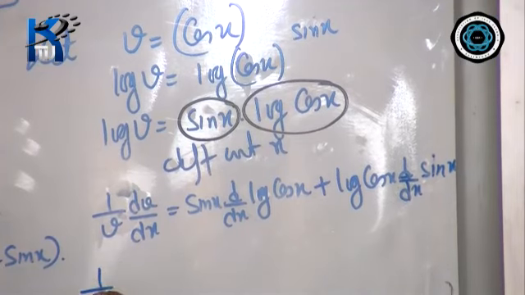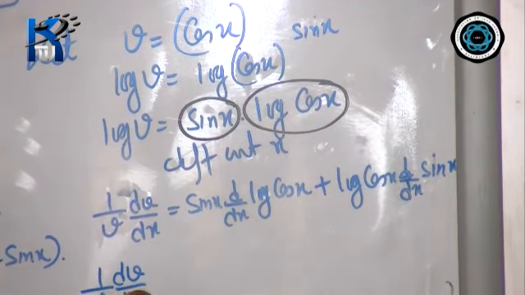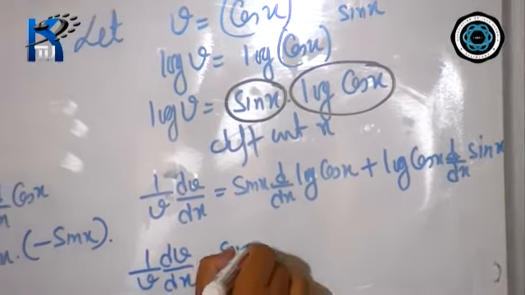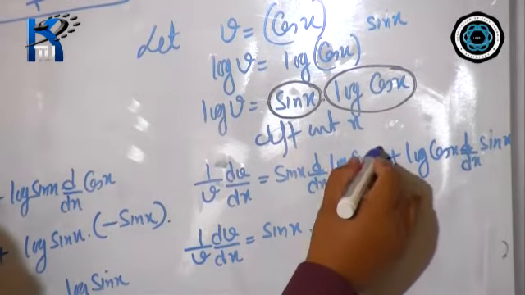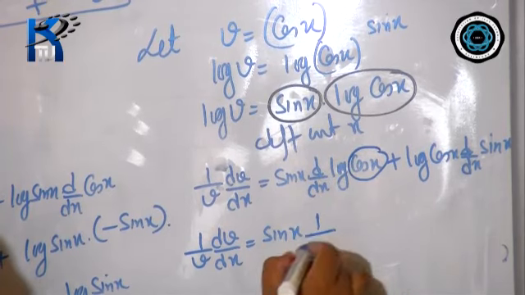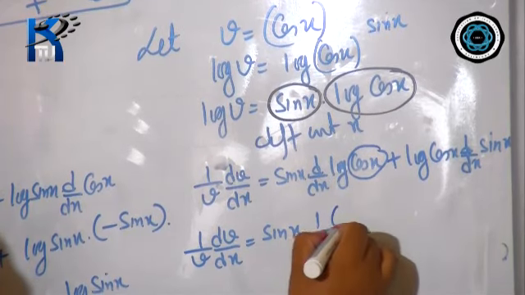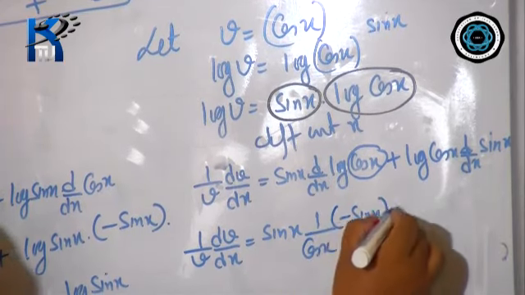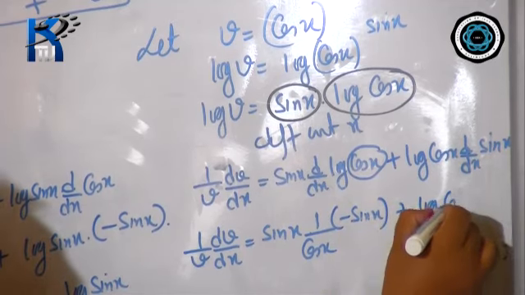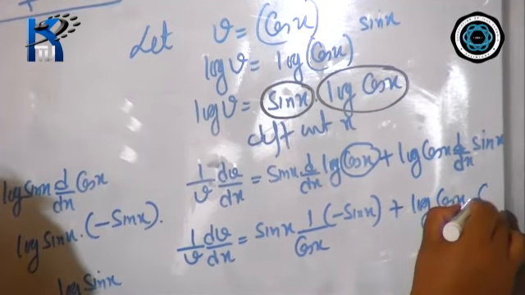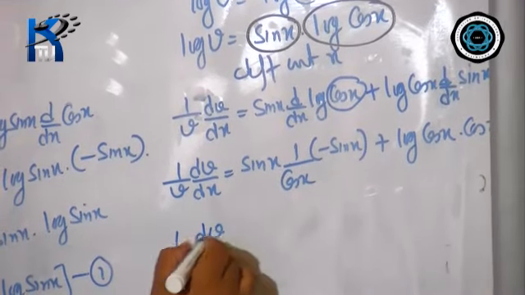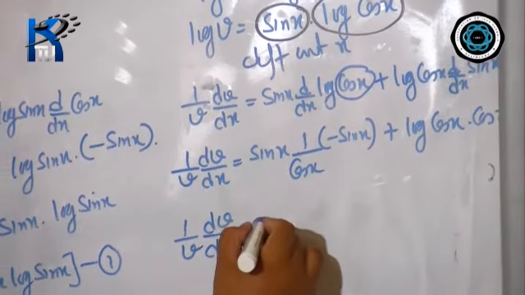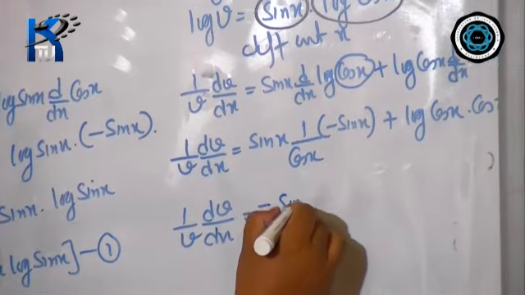So 1 by v as it is, dv by dx, sin x. Again I need to differentiate this. Now look at this, log should always be with x, this is cos x, so why don't you assume this as x? So log x is 1 by x, but this is just an assumption, so sin x plus log cos x, and what's the differentiation of sin x? It is cos x. So 1 by v dv by dx equal to, minus comes in front, sin x as it is.